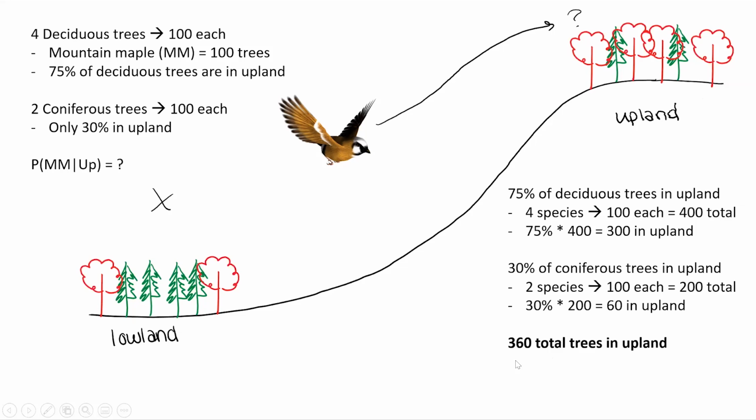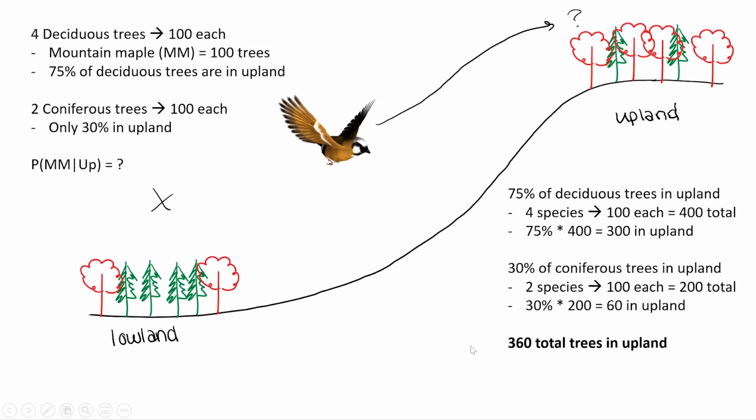That gives us 360 trees total in the upland area. Compared to the 600 trees total, right? 4 times 100, 2 times 100 added together. There are 600 total possible trees. But we've narrowed down the trees that a bird could have landed on to 360 because we know it landed in upland.